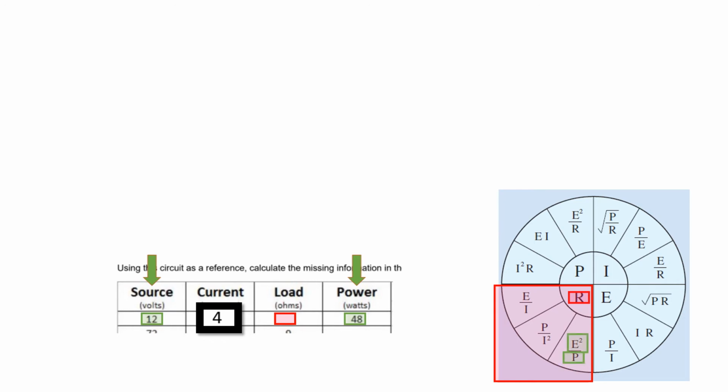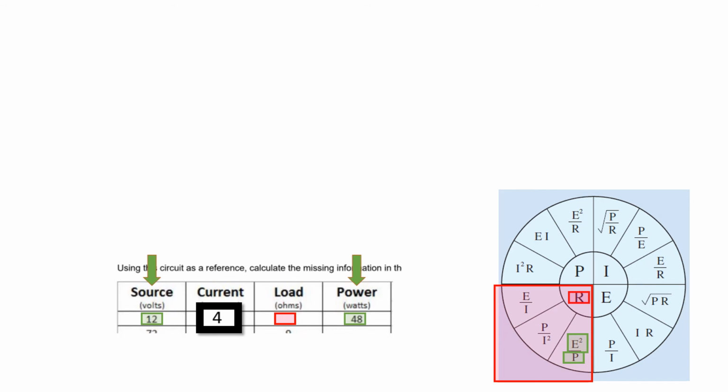In this case, we're going to use the formula that involves source and power, E and P, and that is the formula on the bottom right of that quadrant.